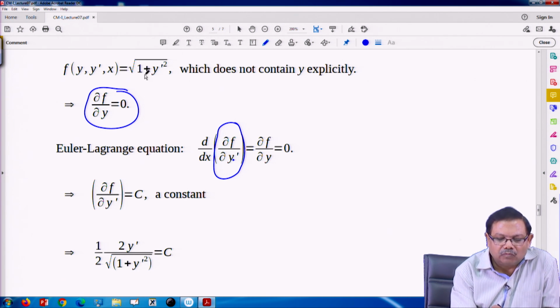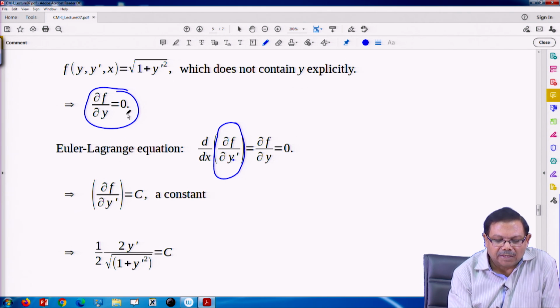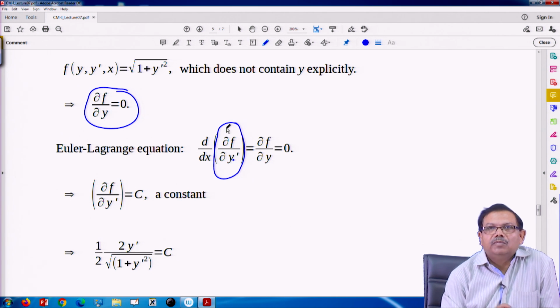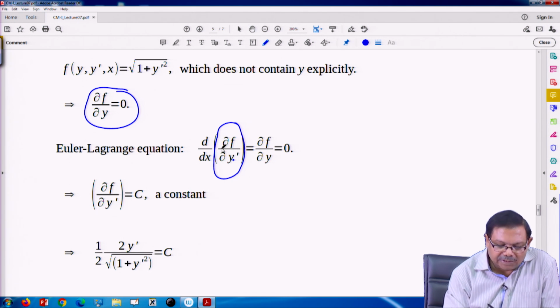So, if y does not appear in the function, the corresponding partial derivative is 0, and that implies d/dx of ∂f/∂y prime is 0. Immediately you get one integration done because this was 0.